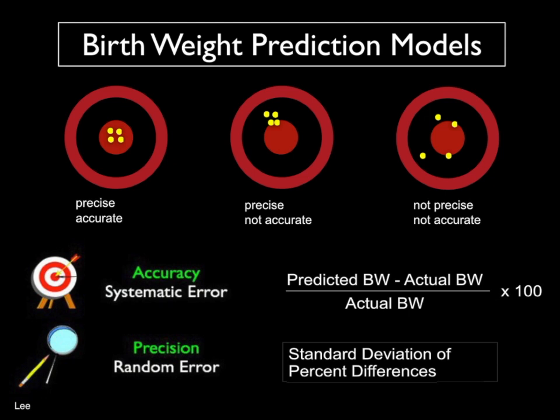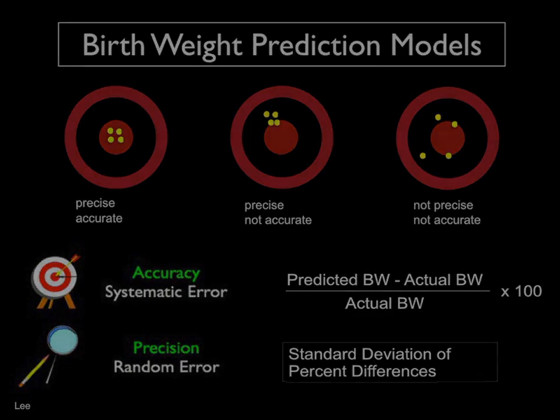Precision, or random error, was expressed by the standard deviation of these percent differences. Random errors result from the inherent biological variability of the size parameter that cannot be adjusted by correctable factors. However, the size parameter with the smallest random error will provide a level of precision that maximizes the reproducibility of measurements between different examiners.